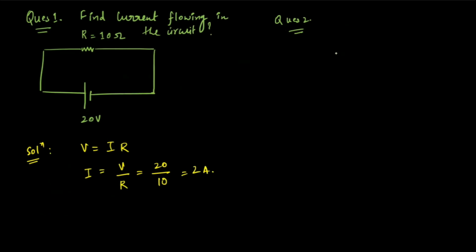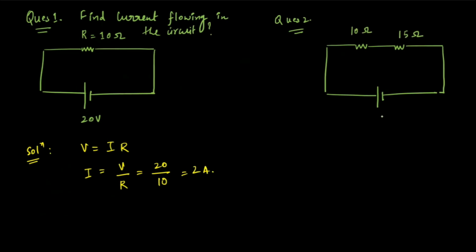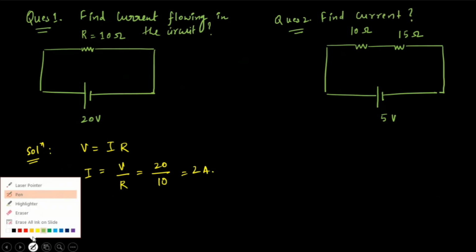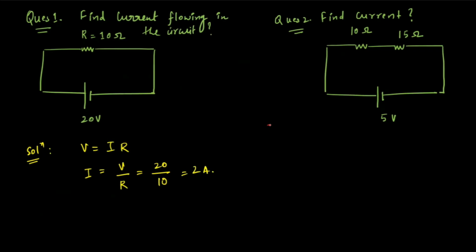The question says that there are two resistors connected in series combination just like that, and these two resistors have resistances of 10 ohms and 15 ohms, and the battery connected here is 5 volts. The question is again to find the current. What should be the current flowing through this circuit? How are we supposed to find it? Think about it and tell me.